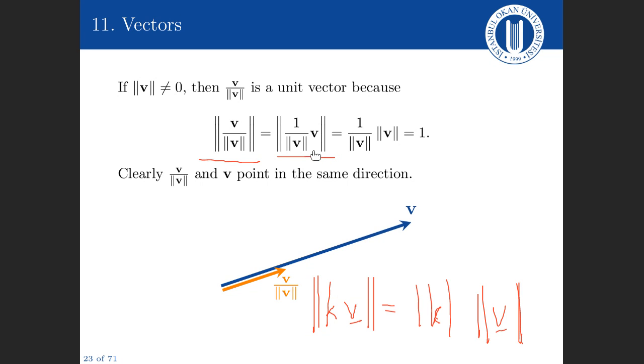Using this rule, we can take 1 divided by the norm of v outside of this norm. And because this is a positive number, we don't need to worry about absolute value symbols. We just get 1 divided by the norm of v multiplied by the norm of v. But of course, this is just equal to 1.